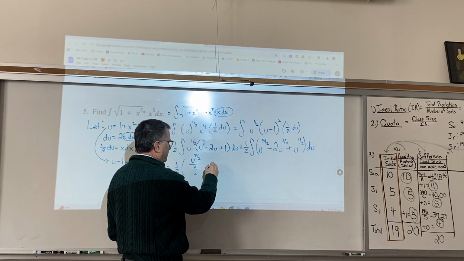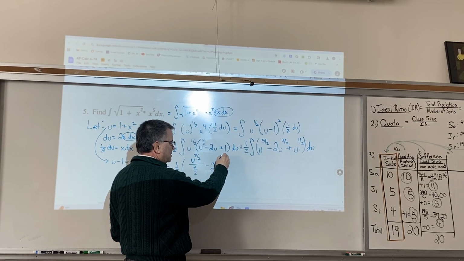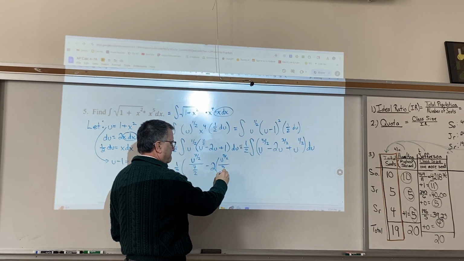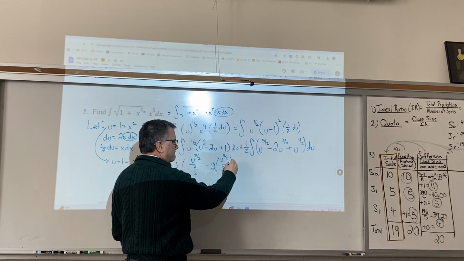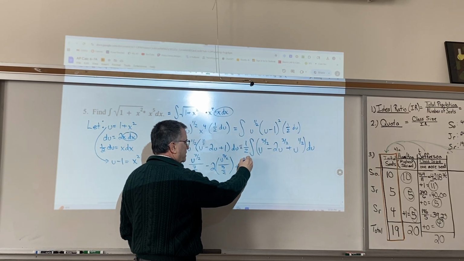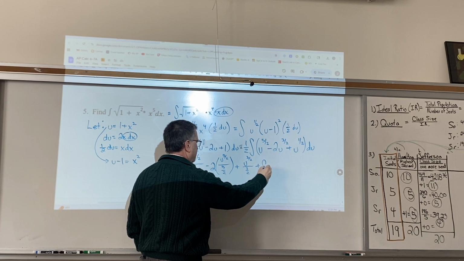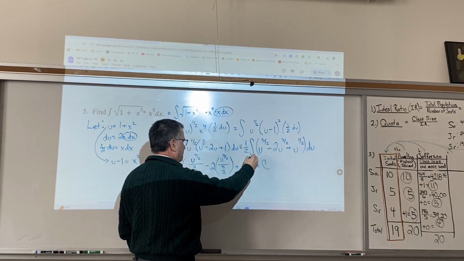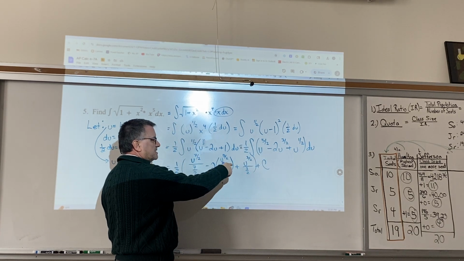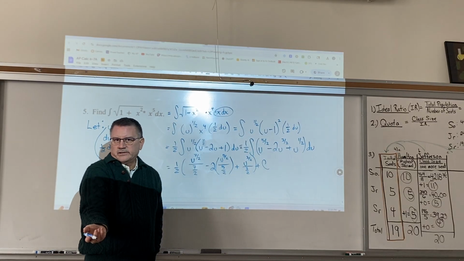Hey, I can pull the 2 out, and then I've got u to the 5 halves over 5 halves, plus u to the 3 halves over 3 halves, plus c. We could put the c inside the parentheses if you want to. 1/2 times c is still a constant, it doesn't matter.